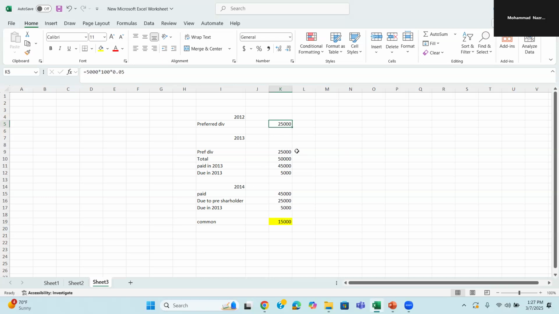So we calculate this 25,000 for each of the year. All right. So now you have to calculate residuals for each of the year. So in 2013, there is due for 5,000. So in 2014, it should be 25 and this 30,000 due. But you paid 45,000. That means this difference of 15,000 is for the common stockholder and this 30,000 is for the preferred stockholder.